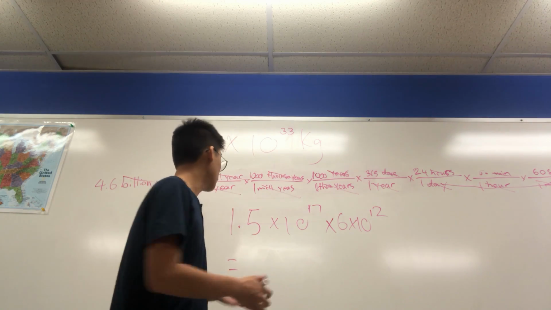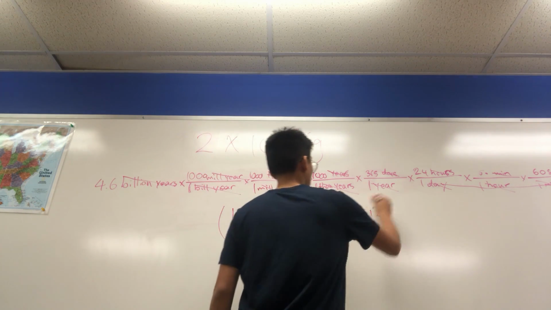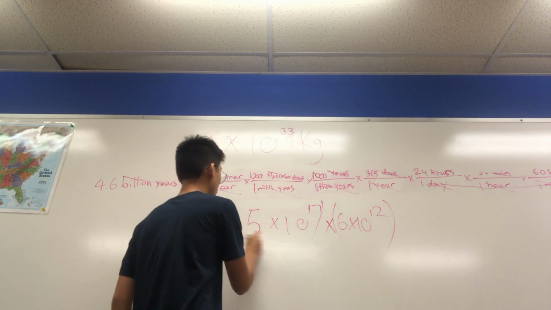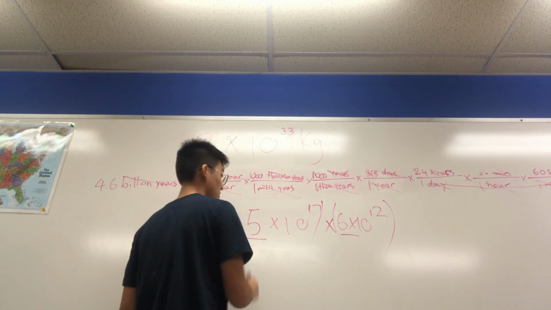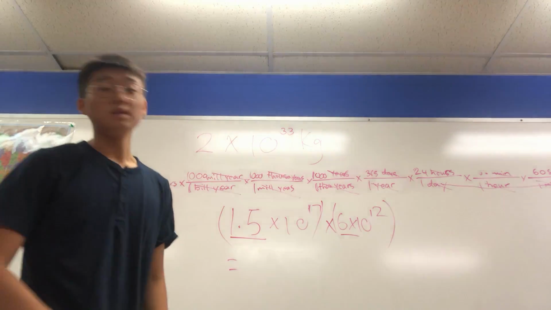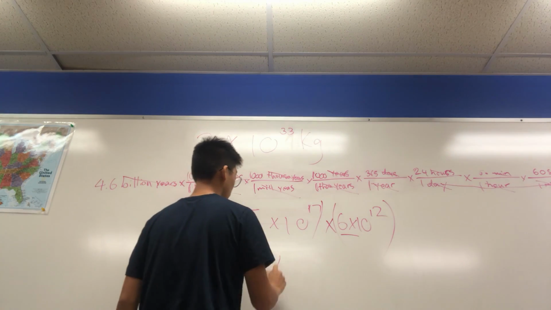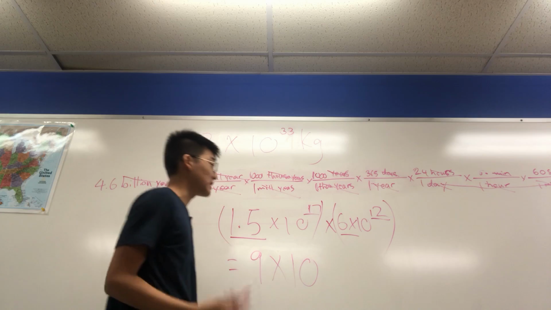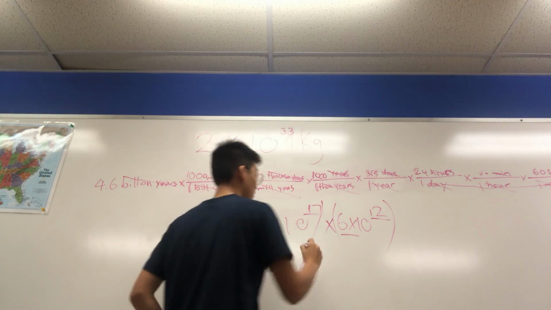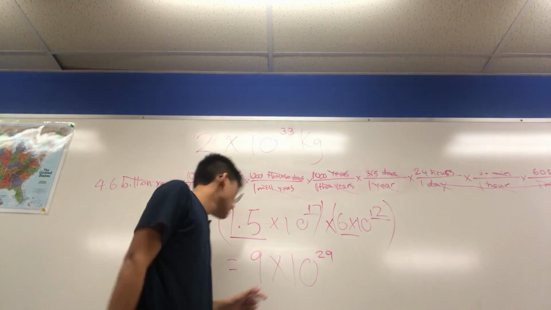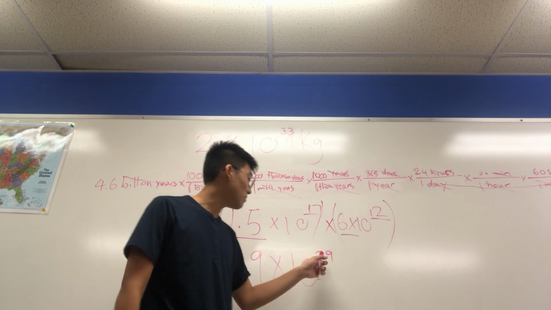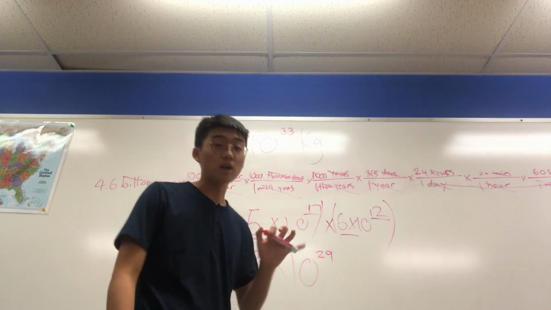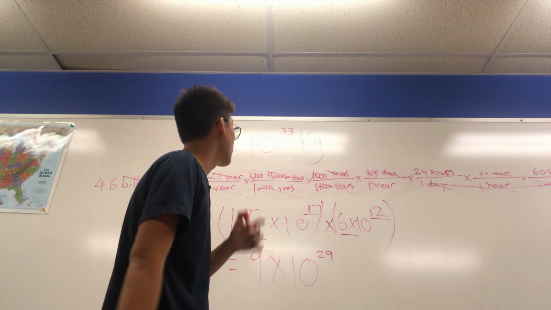Now, all you gotta do is multiply 1.5 with 6, which is 9, so it'll be 9 times 10, and you just add the exponents, which will be 29. 9 times 10 to the 29th is the number that the sun has lost in its total lifetime.